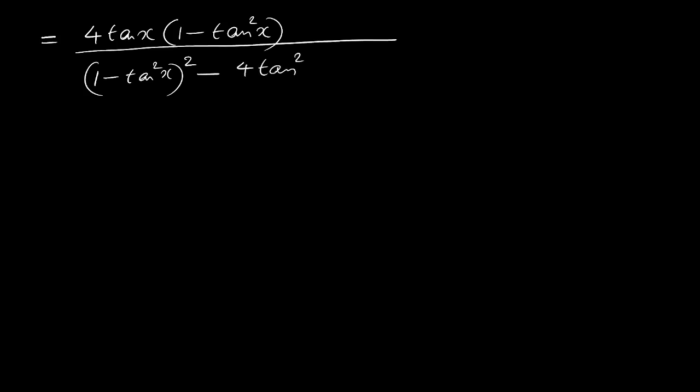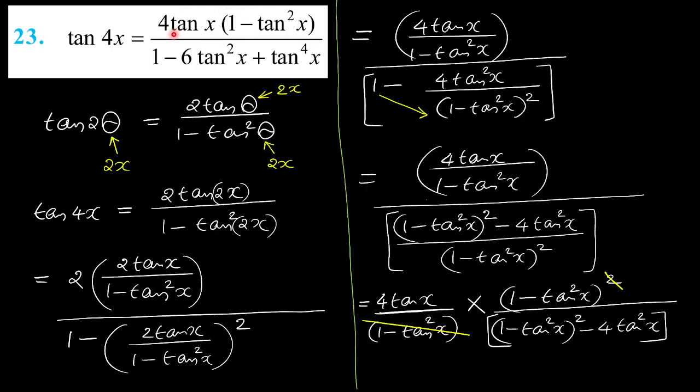We got this step. We can simplify further. Numerator, we need not do anything. I don't want to make any modification, because RHS contains the same term. The RHS contains 4 tan x into 1 minus tan square x.